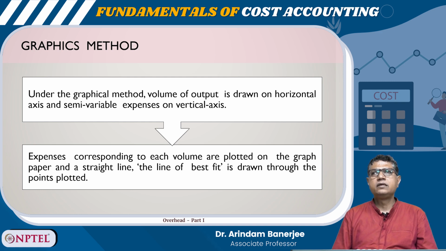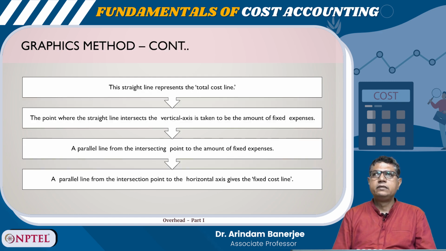Graphic method. Under the graphical method, volume of output is drawn on horizontal axis and semi-variable expenses on vertical axis. Expenses corresponding to each volume are plotted on the graph paper, and a straight line, the line of best fit, is drawn through the points plotted. And this straight line represents the total cost line.